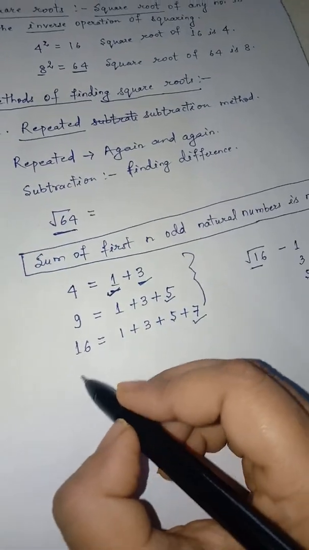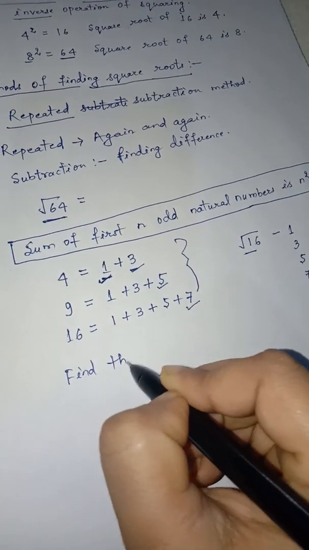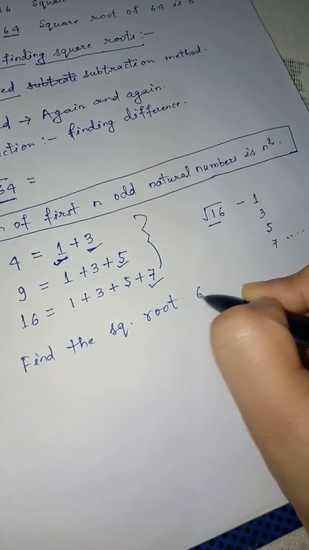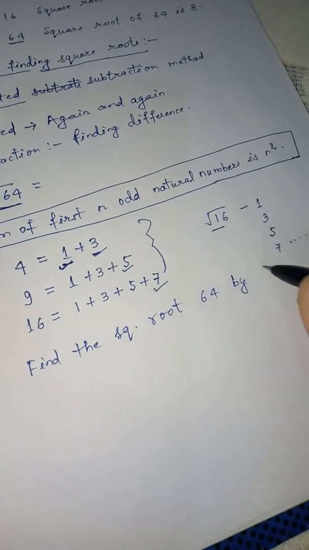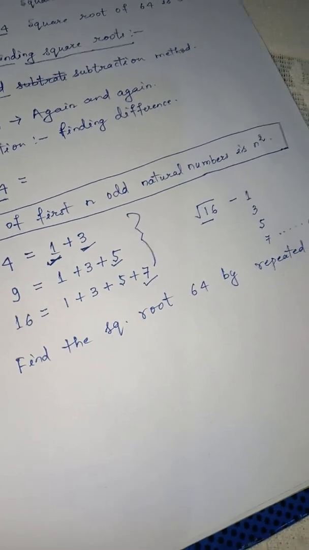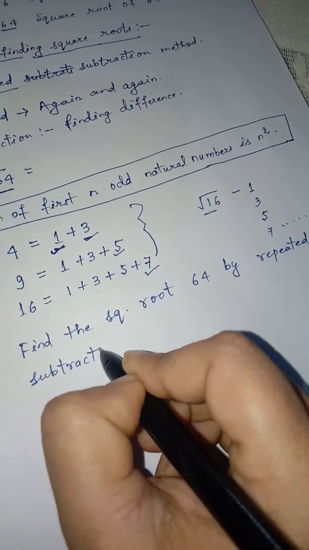Let's see one example: find the square root of 64 by the repeated subtraction method.